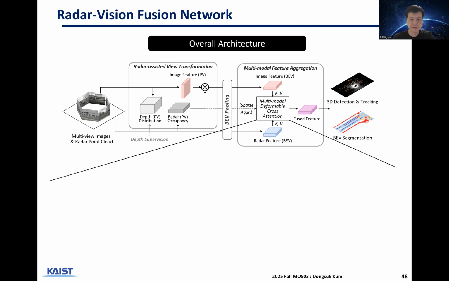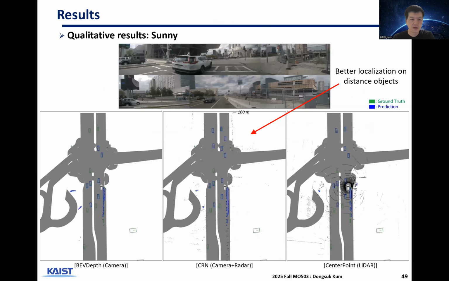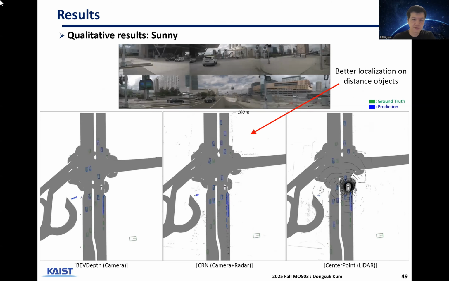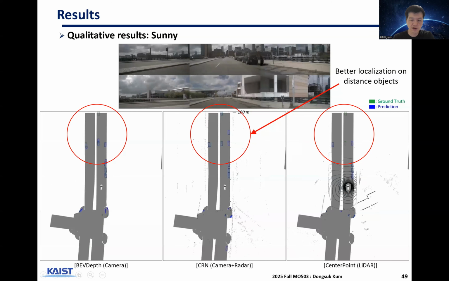You're looking at the image feature, radar feature, and fused feature at the bottom of the slide. These are qualitative results, where we compare camera versus radar camera fusion and LiDAR. You can see camera radar fusion gives better detection performance, especially for long distance objects.